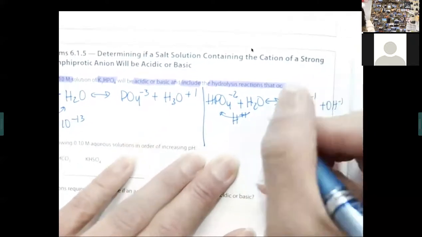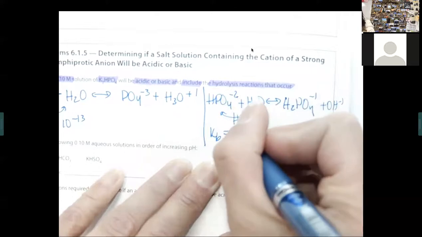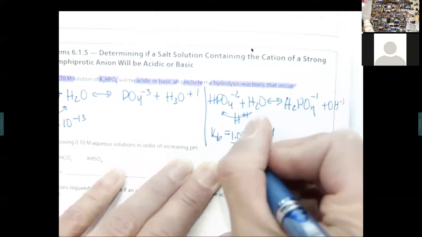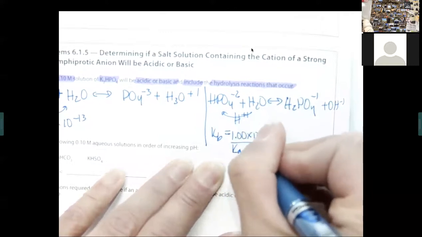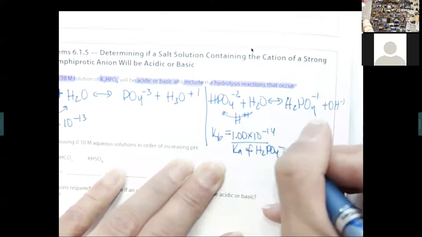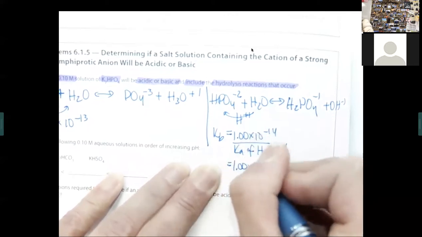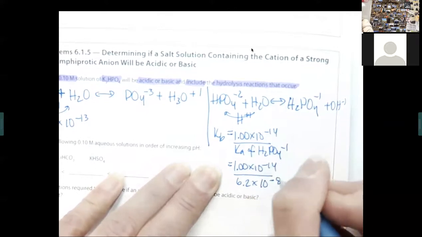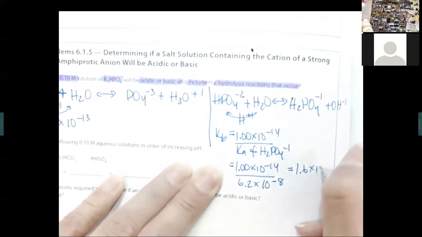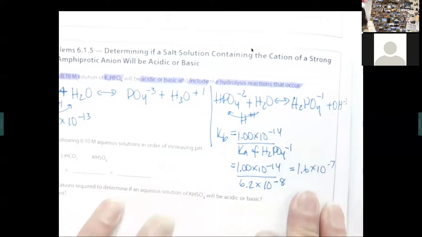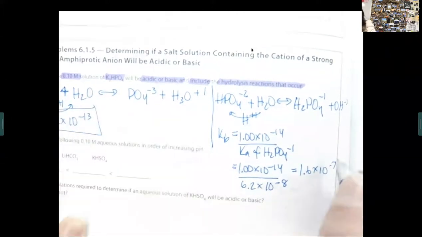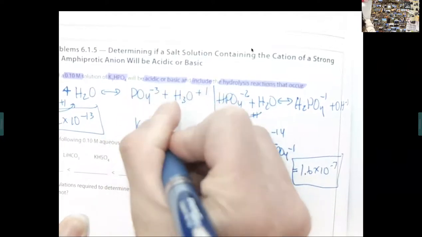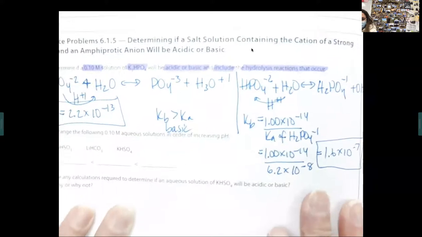Okay, so this Kb will be 1.6 times 10 to the -7th. Okay, so really, if we look at these relationships, the Kb is greater than the Ka. So this would be basic.